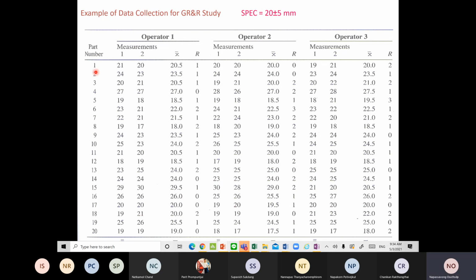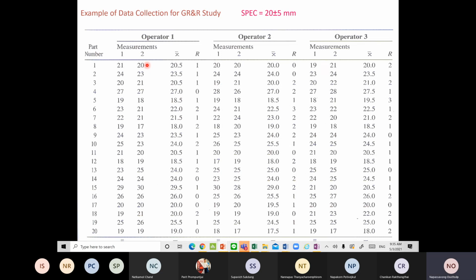Let me ask you about this. If we take a look at these 2 numbers, operator 1 measured part number 1 2 times. The first time got 21, the second time got 20. Do you think the variation happens? If that happens, what is the variation about?